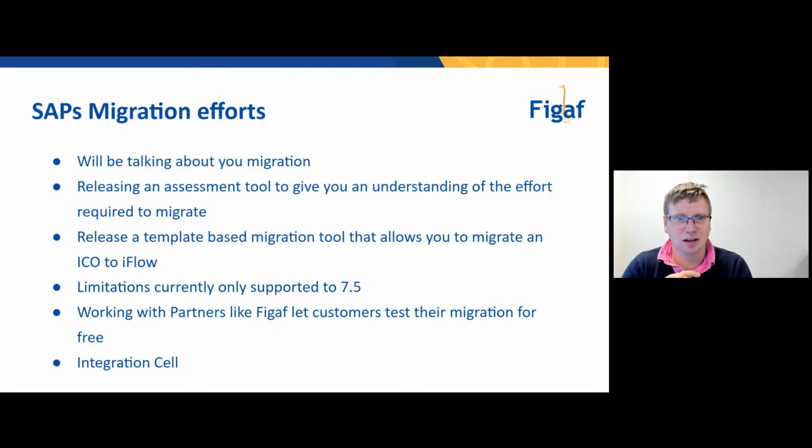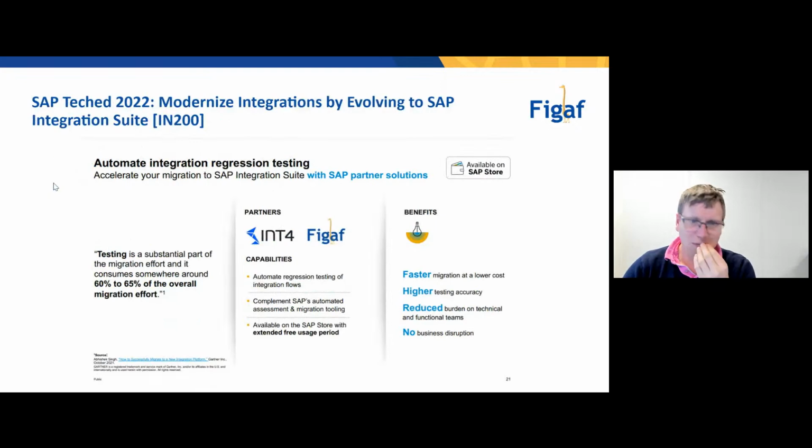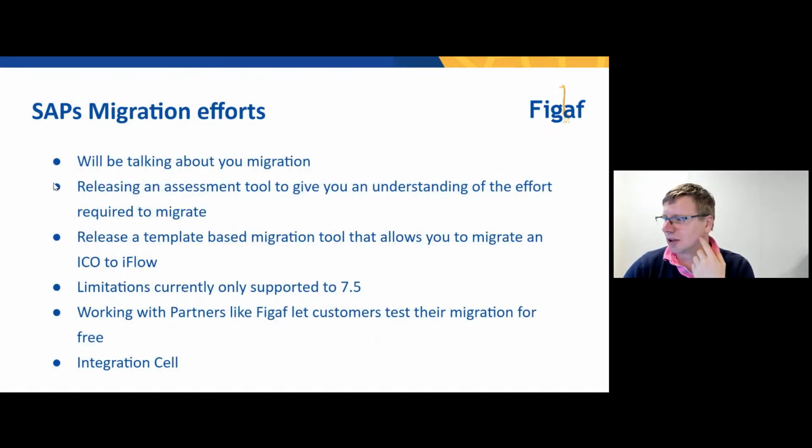There was a little of it in this presentation, but I think they will probably be sharing a little more about what this tool can do. The published limitation is that it's only supporting 7.5. So if you have something that is not 7.5, neither the assessment nor the migration tool will help you there. And then they're working with partners like Figaf to automate the testing for free.